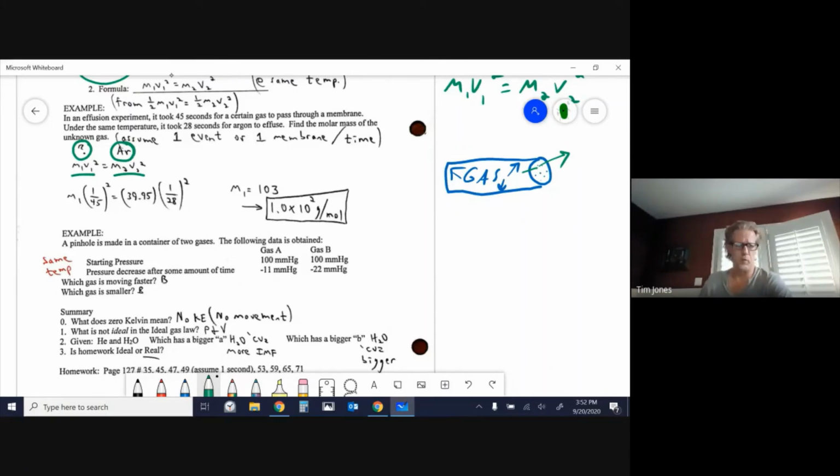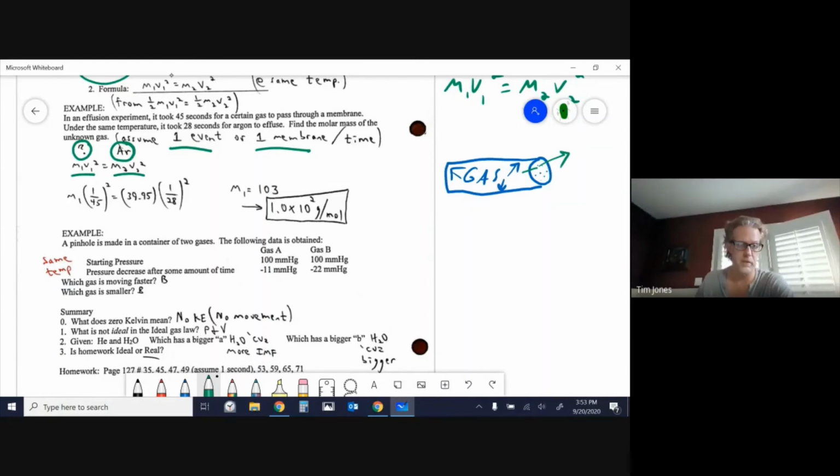Then you'll realize we weren't given a normal velocity, but we were given time. So you can think of it being one event in a certain amount of time, or passing through one membrane in a certain amount of time. It doesn't have to be a distance divided by time like a typical velocity or speed.